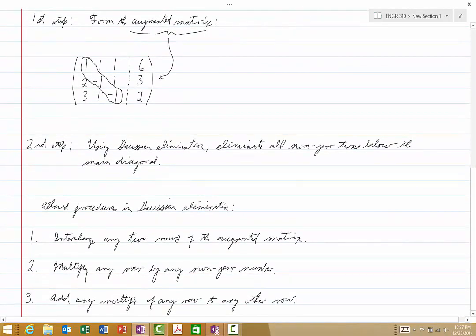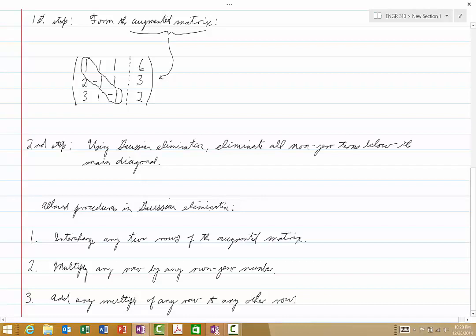And finally, it's not too surprising that we can add any multiple of one equation to another equation, which is the equivalent of adding any multiple of any row of the augmented matrix to any other row. So these procedures are really not anything that's real news to you. I think you're aware of all of them, but it does maybe help to have them all grouped together.